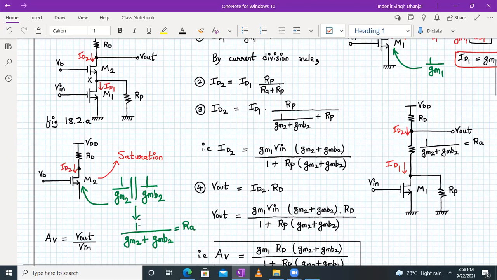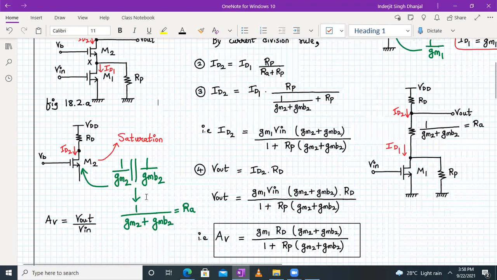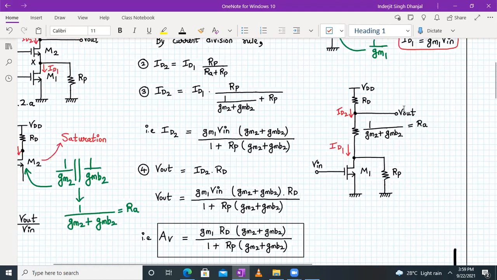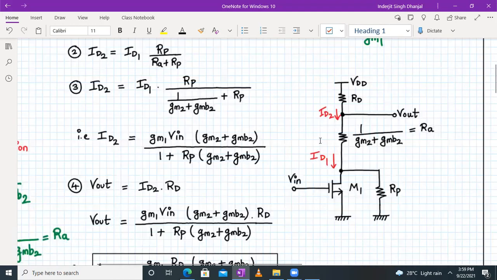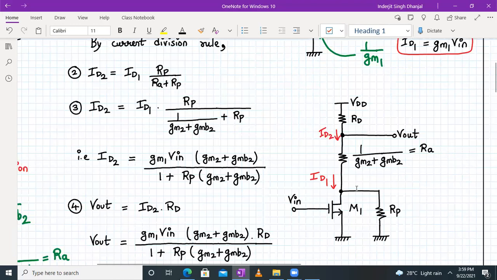And we can simplify that and get 1 upon GM2 plus GMB2. Let us call this resistance RA. So we will replace the M2 transistor with a resistor RA, which is equal to 1 upon GM2 plus GMB2. Our diagram has now reduced to this network.